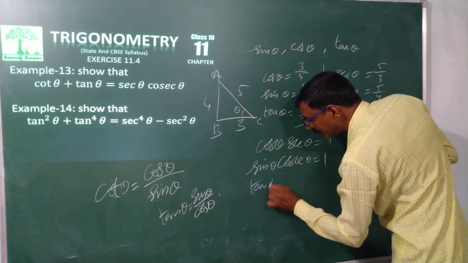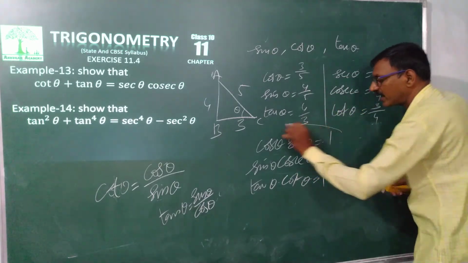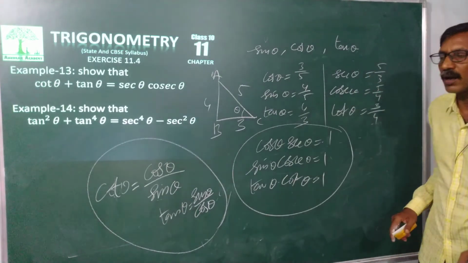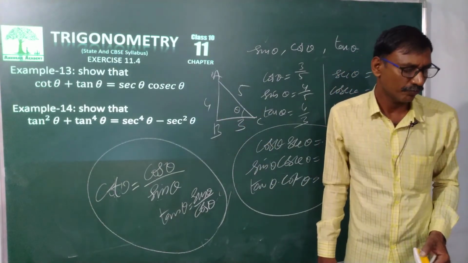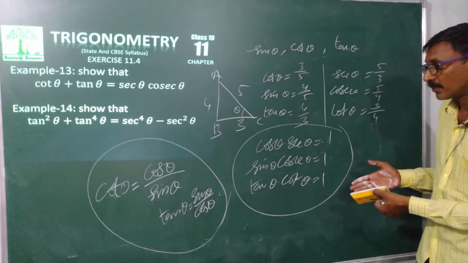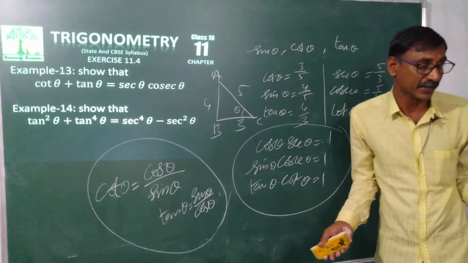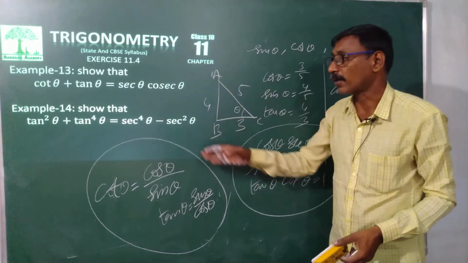Similarly, tan theta into cot theta is equal to 1. These are very, very important to solve every problem in trigonometric identities. We can write so many trigonometric identities using these three, and just now we discussed sin square theta plus cos square theta equals 1. Those all help to solve this type of problems.